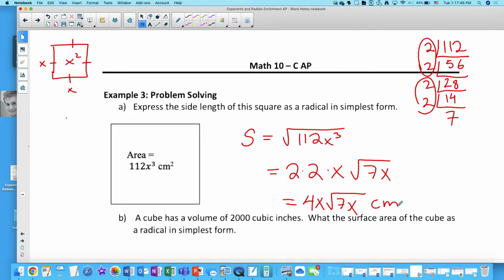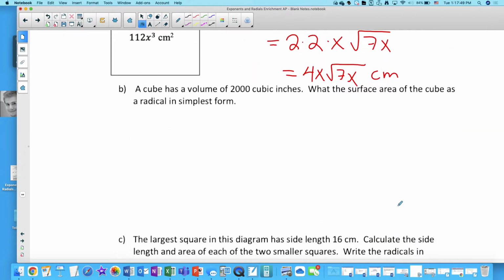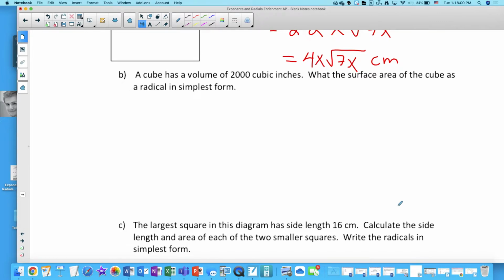A cube has a volume of 2,000 cubic inches. What's the surface area of the cube as a radical in simplest form? Okay. So what would be a good place to start here, do you think? Yeah? Cube root of 2,000. Okay, you could start with that.